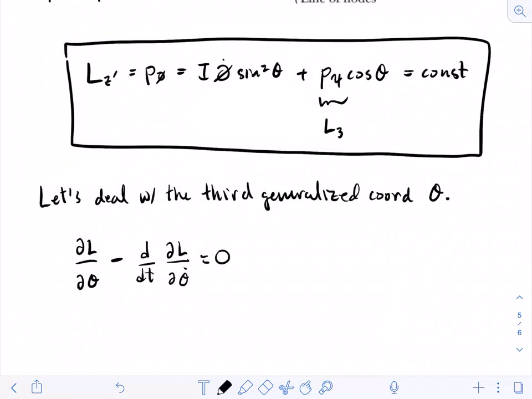And so we have to evaluate these two partial derivatives. So I think what I'm going to do is I'm once again going to write down the Lagrangian so that we have it in front of us. Okay, and so here we go.